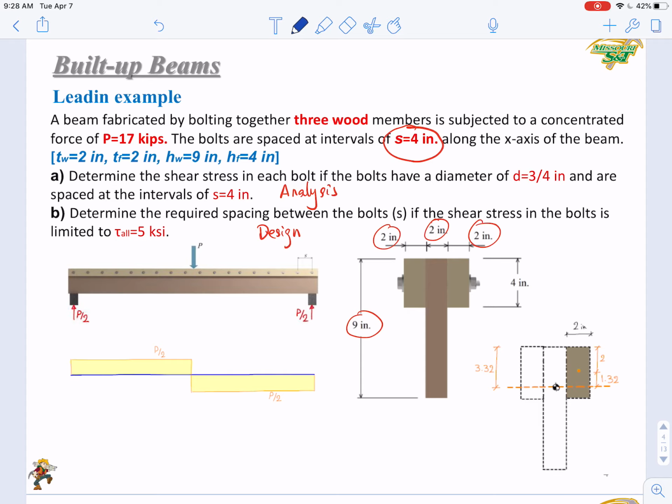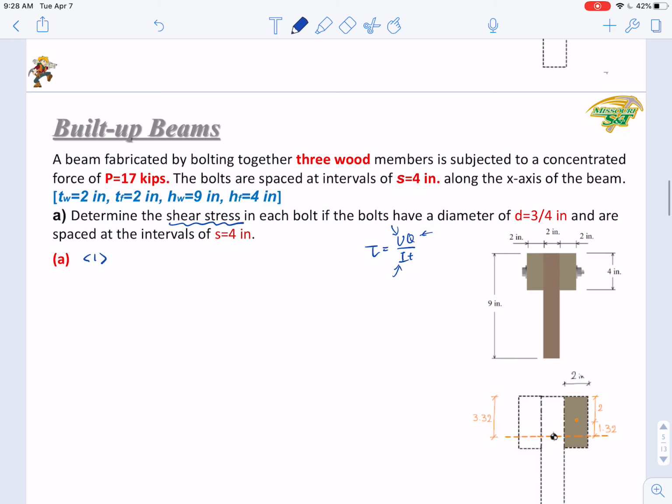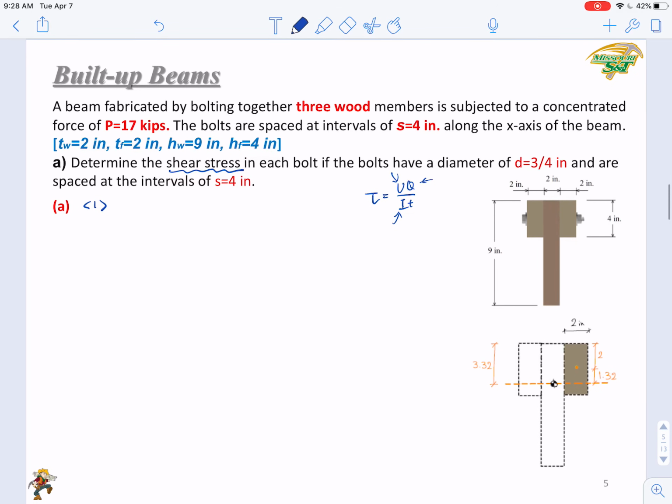Will be just half P. This is easy to do. You just need to do an easy analysis. Then you can draw the V diagram here. So you will see V equals half P. That is 17/2, 8.5 kips.